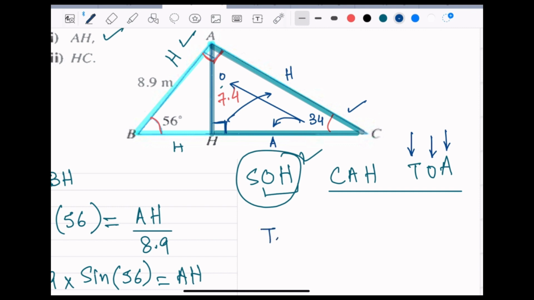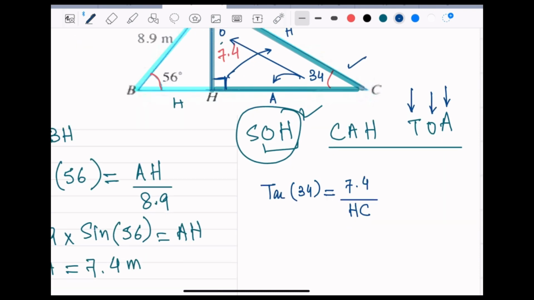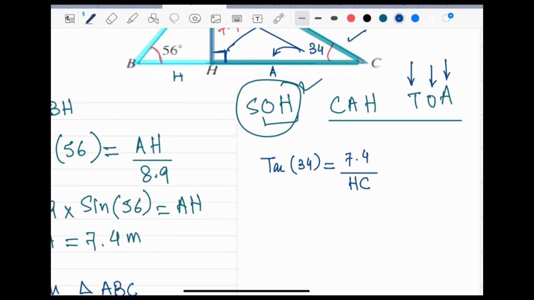So I'll use tan of the angle 34 is opposite, which is 7.4, over adjacent, HC. You can also use X, or name it whatever you like. So HC times tan 34 is equal to 7.4. HC is equal to 7.4 over tan 34.